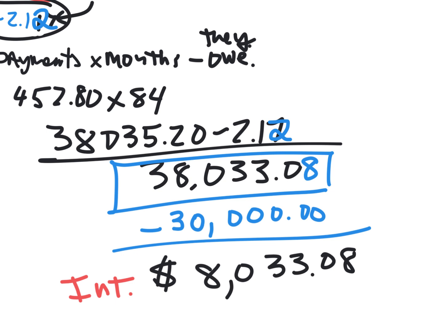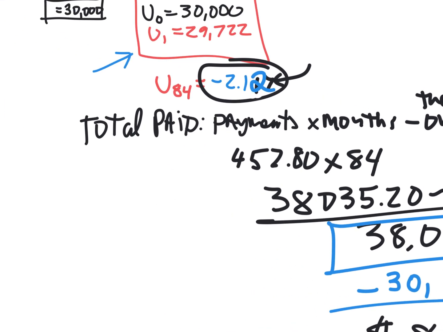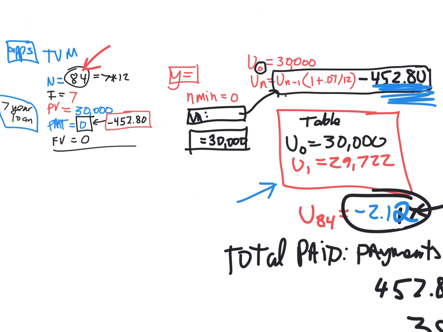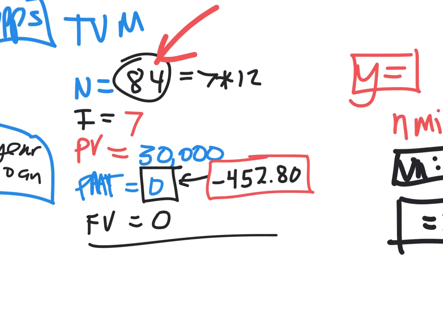All right. Any questions? All right, we're going to make one little tweak. And I want to look at this. Remember how we assumed 7% interest? Way back here?